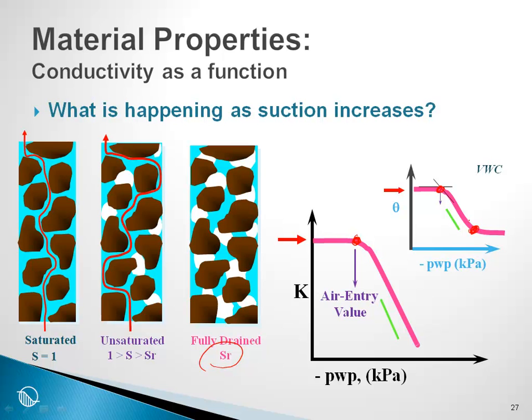The hydraulic conductivity becomes very low, so low that it really means there is no flow through the soil. Often this curve is also drawn this way, although it doesn't really matter what happens here. The point is that the conductivity is so low that there is virtually no flow.